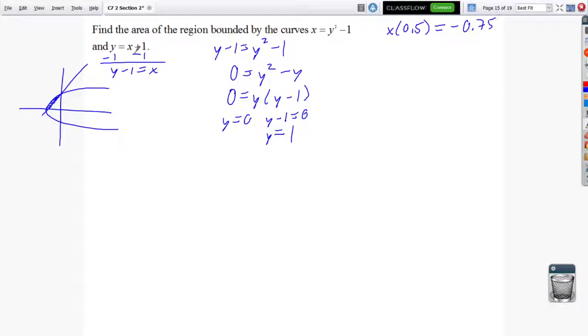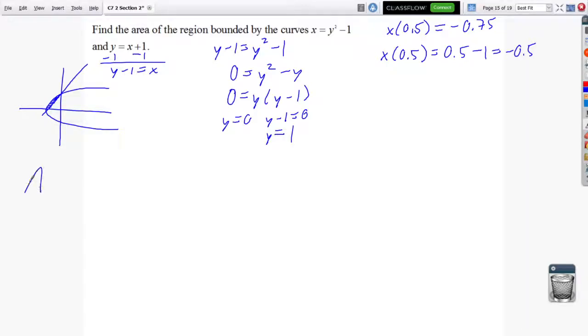I can also do that over here. x of 0.5 is going to equal 0.5 minus 1, which is going to equal negative 0.5. Which of these two numbers is bigger? The bigger number is the dominant number. Since we only switch dominants at 0 and 1, the dominant function is going to be the one that yields that negative 0.5, which is this x equals y minus 1.